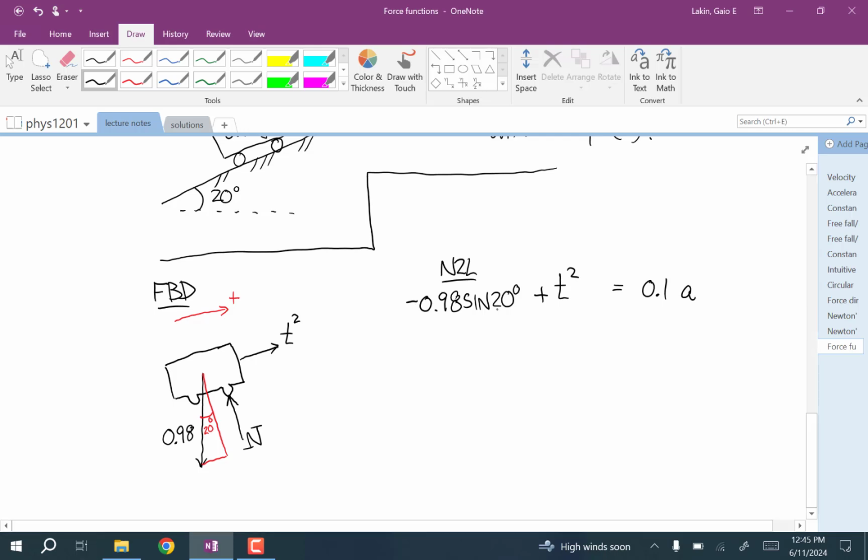If you multiply out this sine of 20 term, you get negative 0.921 plus t squared is equal to 0.1a. Now you can multiply both sides by 10, and you have your acceleration function. That's equal to 10t squared minus 9.21.